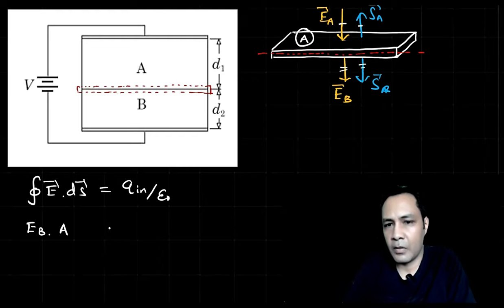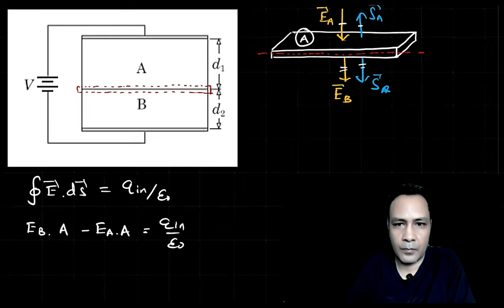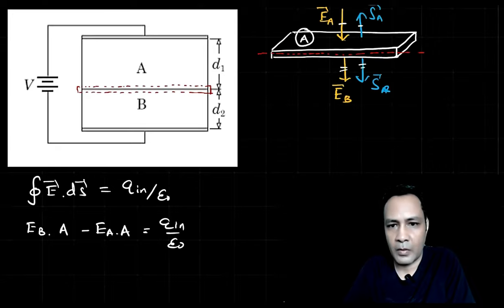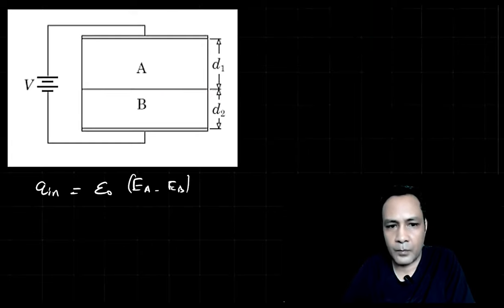Here the flux will be minus EA into A. So Q enclosed is equal to epsilon naught times EB minus EA, into A. I can take A here, so that will give me the surface charge density.